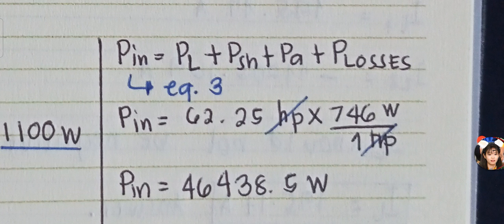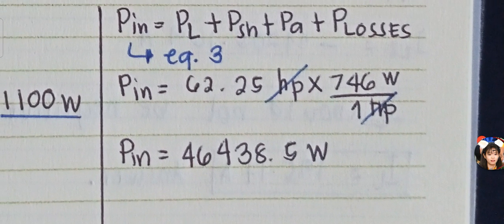So 62.25 HP times 746 watts over 1 HP. Canceling the HP, we get a value for our input in watts, which is 46,438.5 watts.